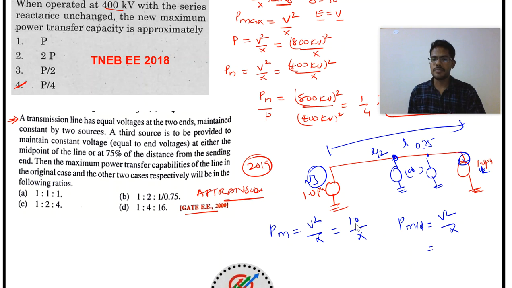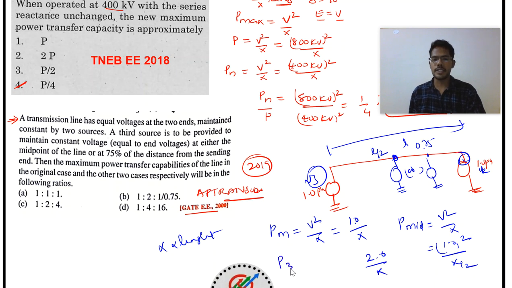The length is divided, so X is proportional to length. As the length changes, it is 1.0 whole square divided by X by 2. So this formula is going to be 2.0 divided by X.